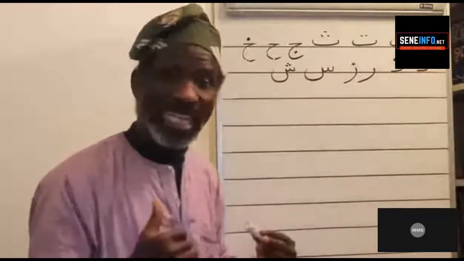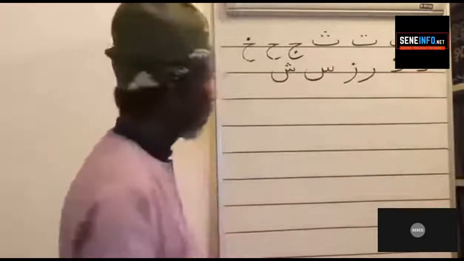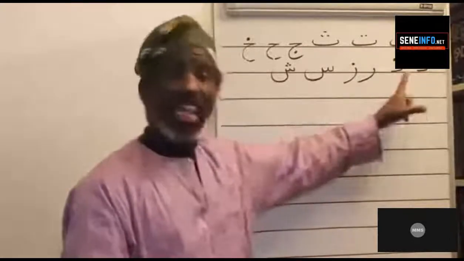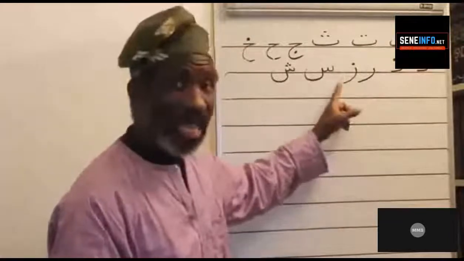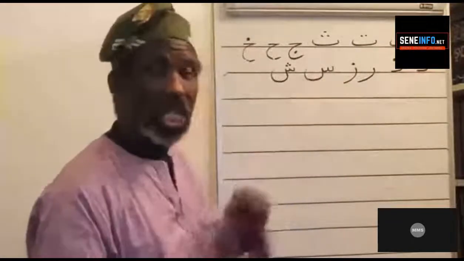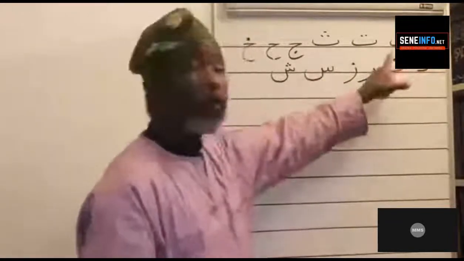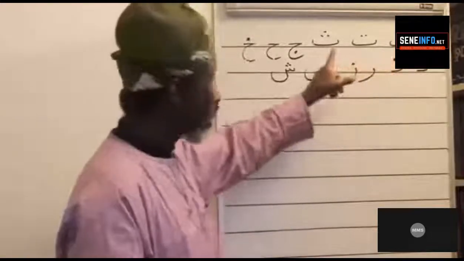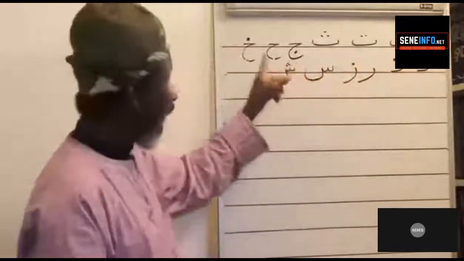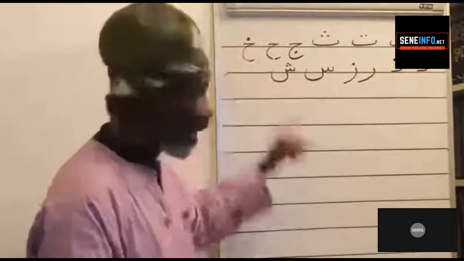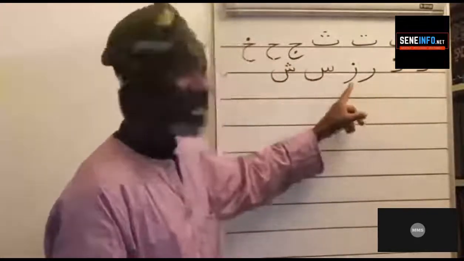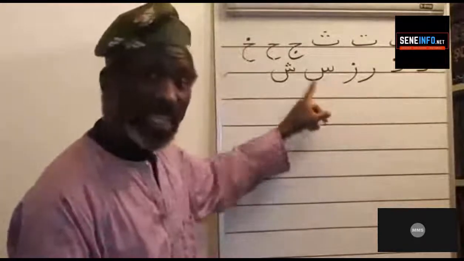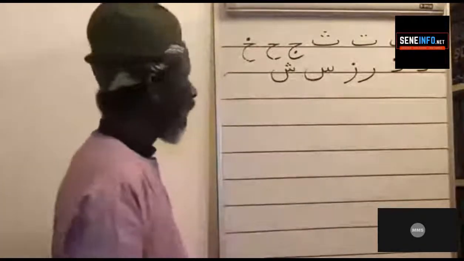Look at the movement. Seen, sheen. Dal, zal, ra, zain, sin, shin. Alif, ba, ta, tha, jim, ha, kha. Dal, zal, ra, zain, sin, shin.